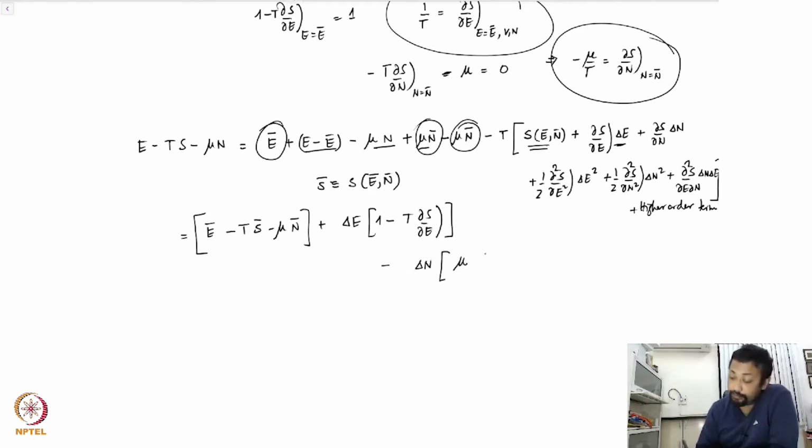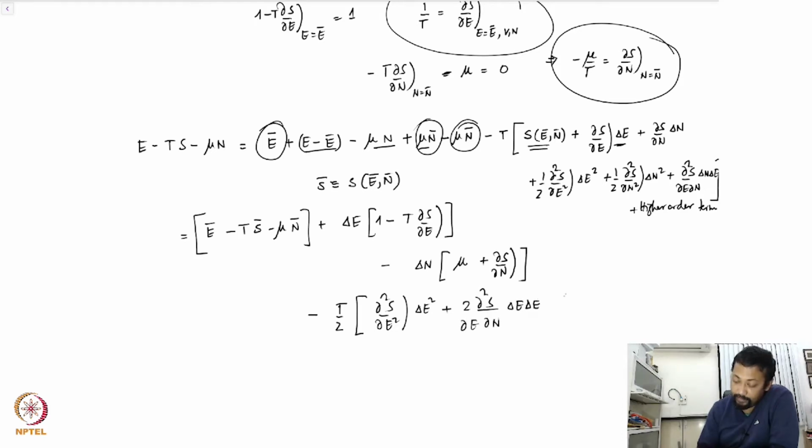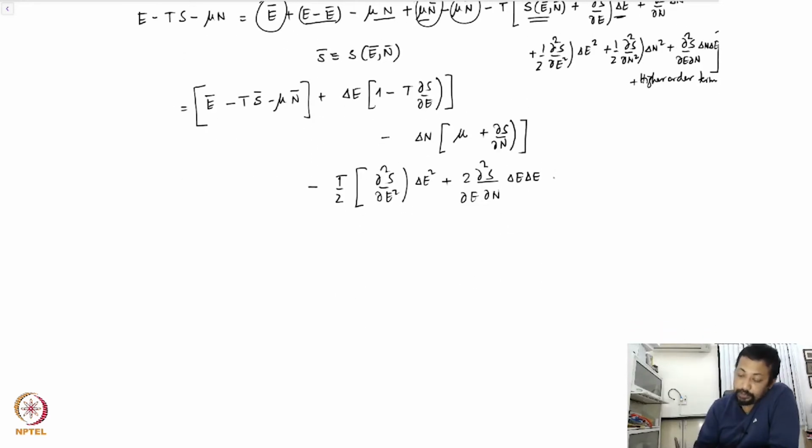This gives you mu and plus del S del N, and then you have minus T by 2 del 2S del E2 delta E square plus 2 del 2S del the mixed derivative delta E delta N plus del 2S del N2 delta N square. What we'll do is we'll make this plus and bring a minus sign all in front of it.